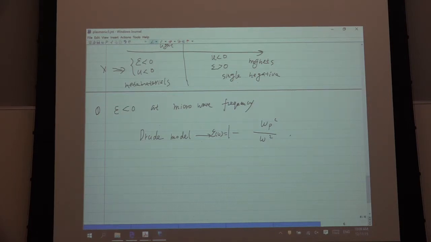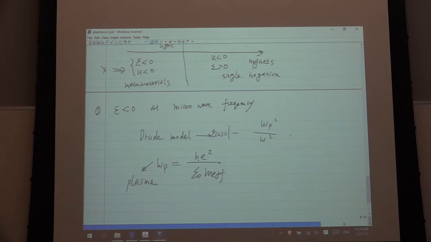So omega p determines which frequency band has the negative feature. If omega p is very high, it can only be achieved in the visible light regime, and it's difficult to achieve this. So what's omega p? Omega p is the plasma frequency, equal to the square root of n e squared over epsilon 0 m effective.